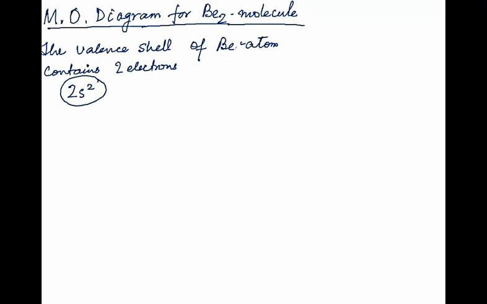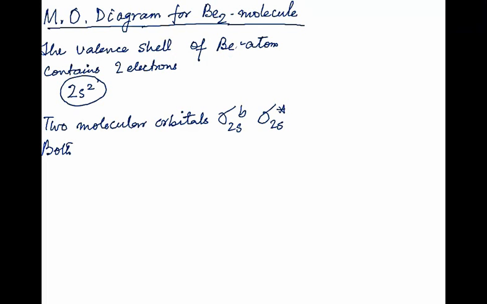The 2s orbital of one beryllium atom will overlap with the 2s orbital of the other beryllium atom and will give rise to 2 molecular orbitals, named sigma 2s bonding and sigma 2s antibonding.